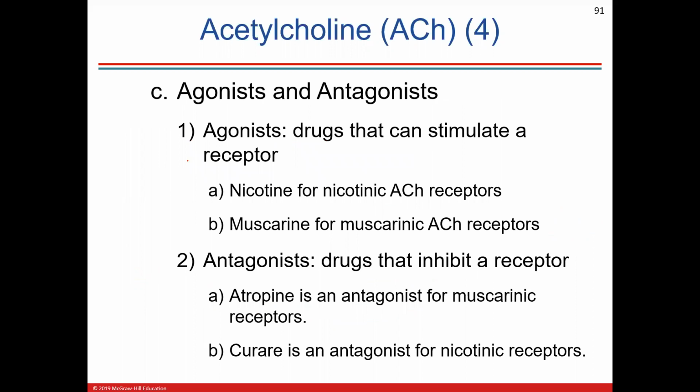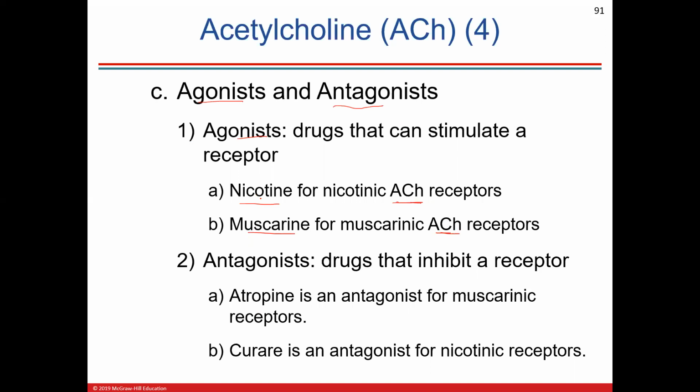So agonist and antagonist, these are evil cousins, right? These two things here. Agonists work together, like nicotinic and muscarinic, or muscarine and nicotine, and both bind to ACh receptors for acetylcholine, right?